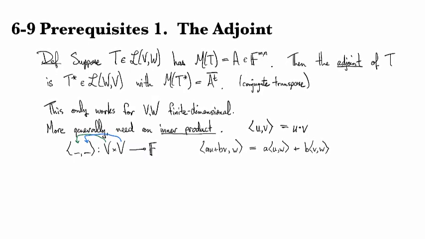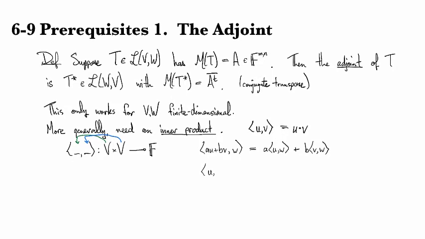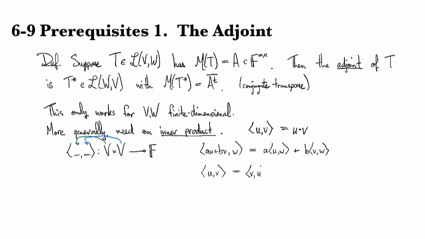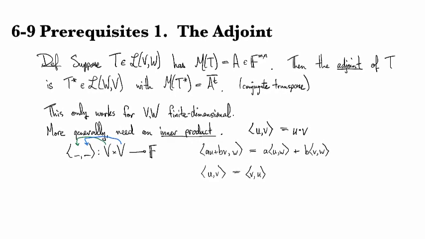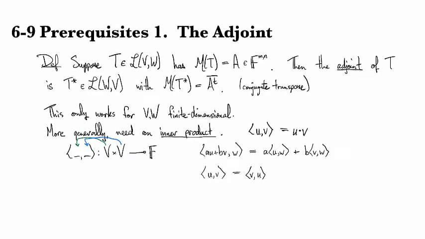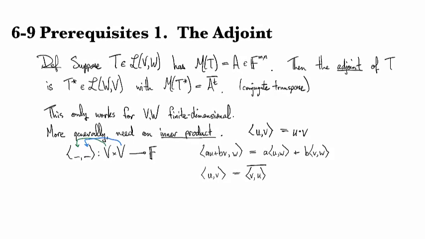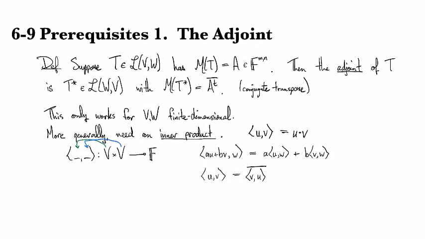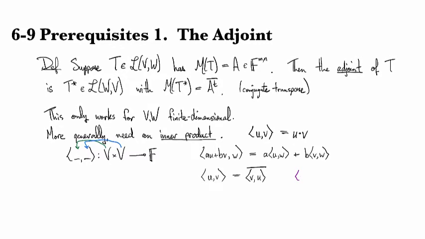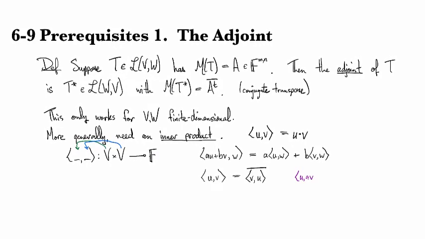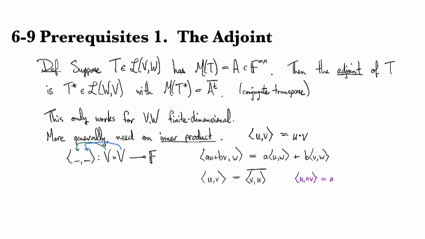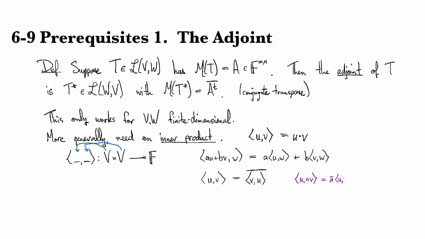You also need it to satisfy the property that <U,V> is equal to <V,U>, unless F is the complex field, in which case you need to have a conjugate over there. And this means also, by the way, that if you have a scalar in the second component, it comes out with a conjugate sign.